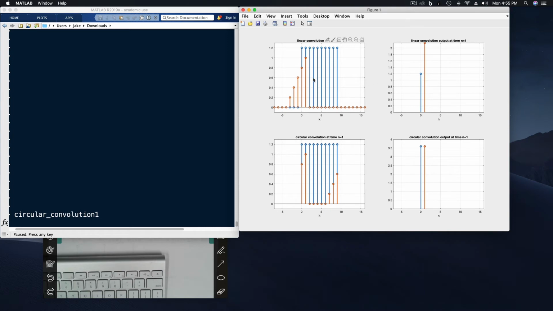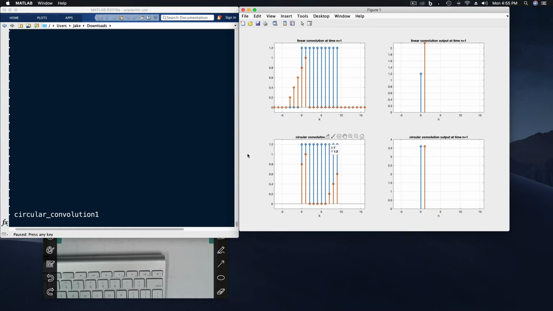Now in the linear convolution case, we multiply where there's overlap and add the values together, and we get an increase. And then down here in the circular convolution case, we multiply the values together, add them all up, and we get the same number we had before because the input signal is all ones, or 1.2.